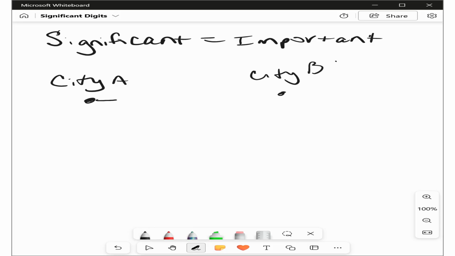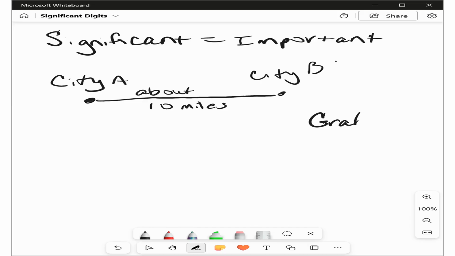So if somebody tells you that this distance is about 10 miles, well, that's good enough. We really don't need much more detail. It's about 10 miles.